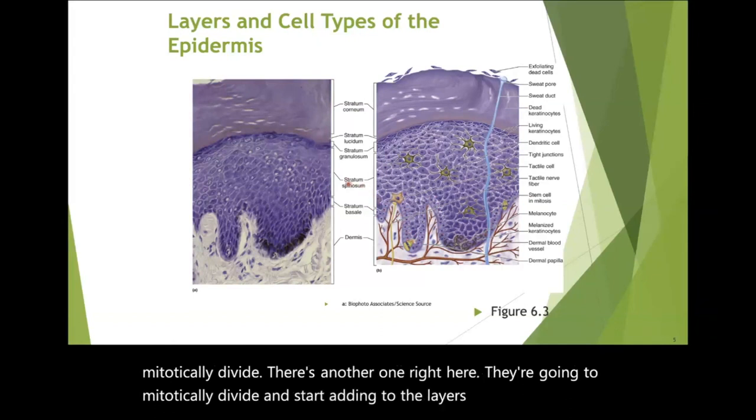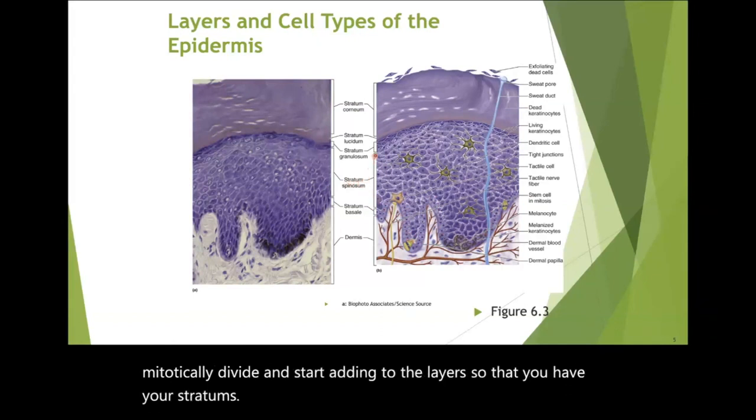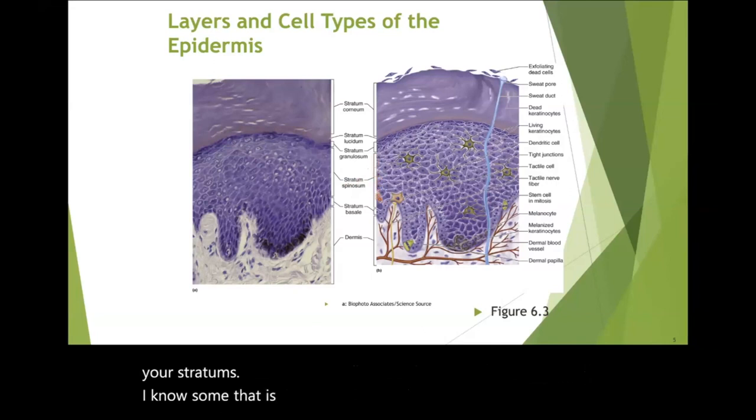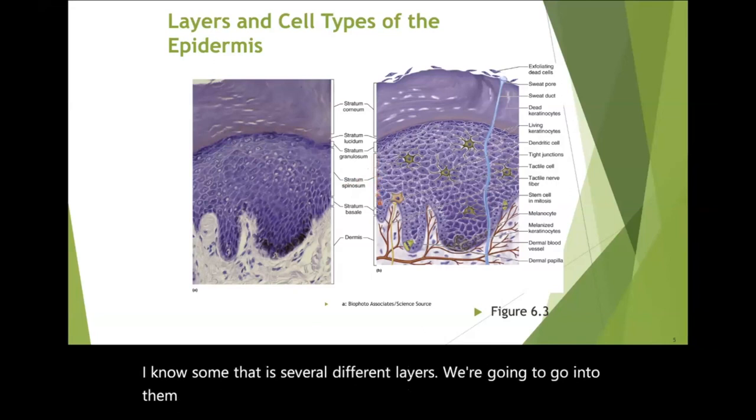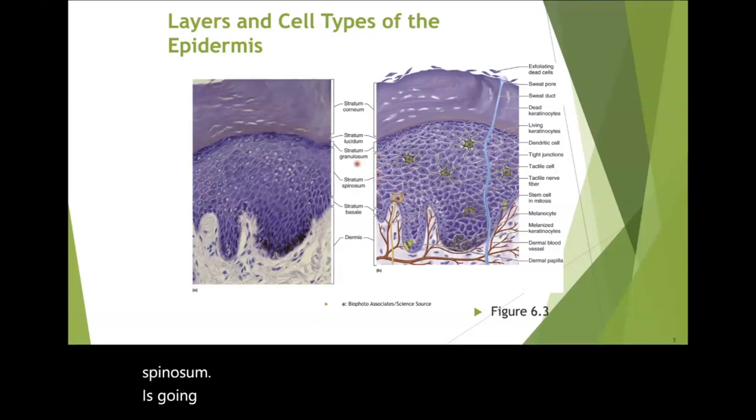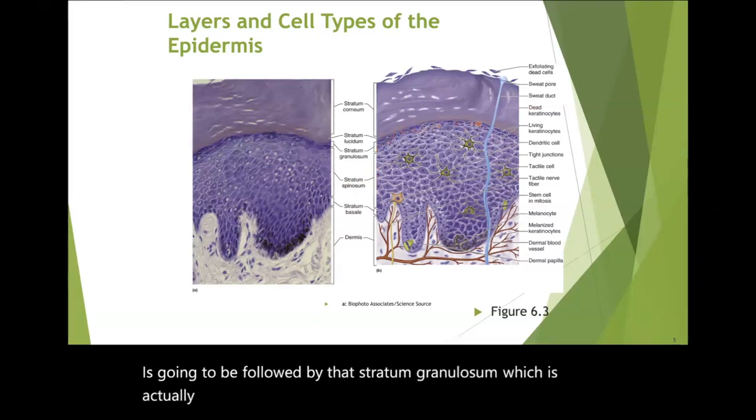So you have your stratum spinosum. That is several different layers. We're going to go into them individually in each of the PowerPoints. The stratum spinosum is going to be followed by the stratum granulosum, which is actually a little bit of a thinner layer. You can see you have some living keratinocytes here.